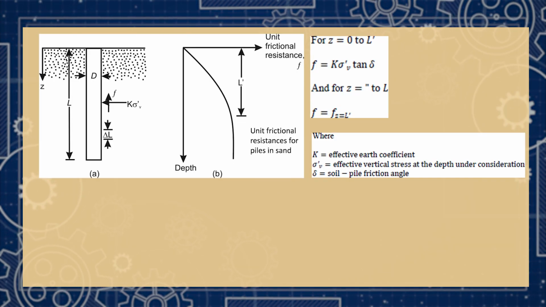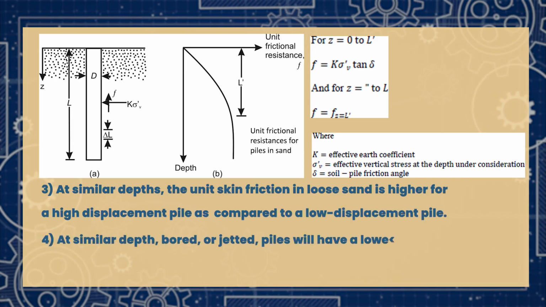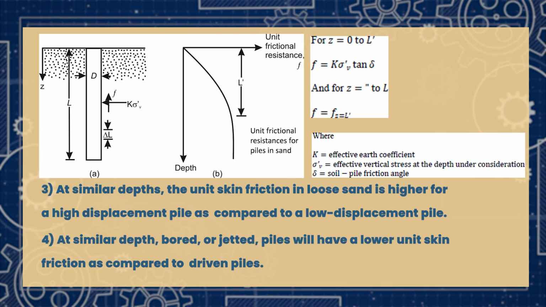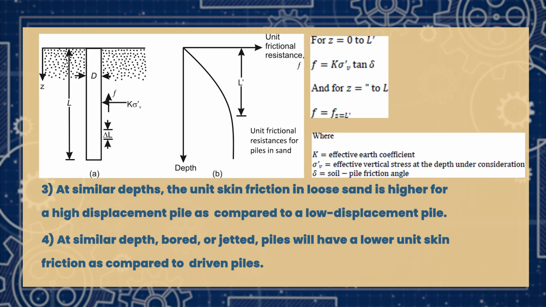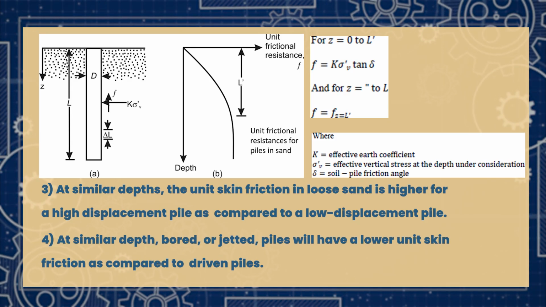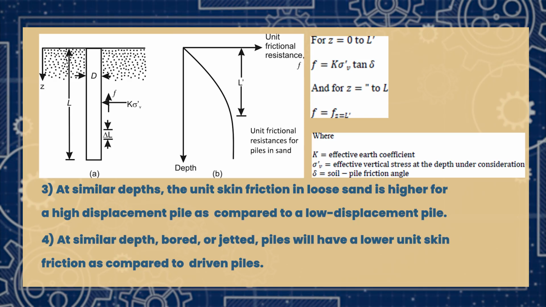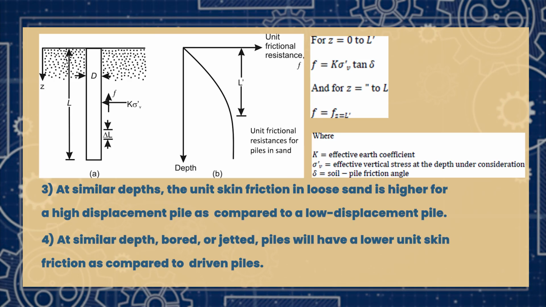Similarly, this is the critical depth, and you can see the formula: F equals K into sigma V into tan delta. K is the effective earth pressure coefficient, sigma dash V is the effective vertical stress at the depth under consideration, and delta is the soil-pile friction angle.